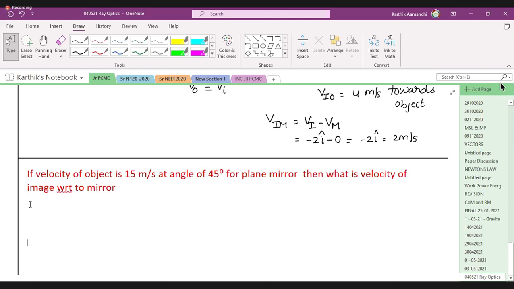Fifteen by root two in minus I cap direction. Did you take down the question? Sir, 15 by root 2.